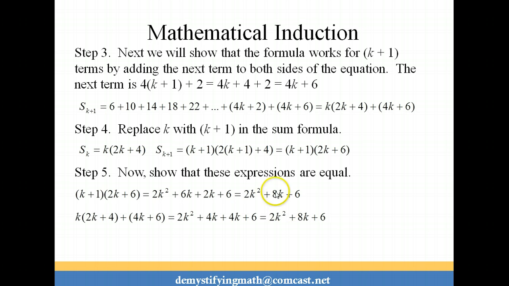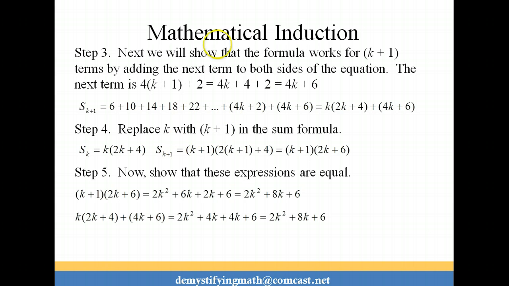So this tells us that this formula works for k plus 1 terms, so that's the sum of k plus 1 terms. We also already showed that the formula works for the first term. So let's say that k was 1. Then we would say that k plus 1 is 2.